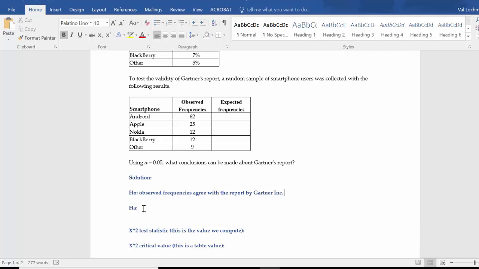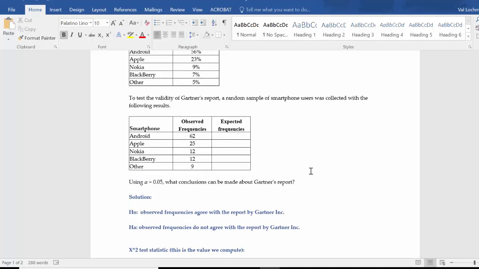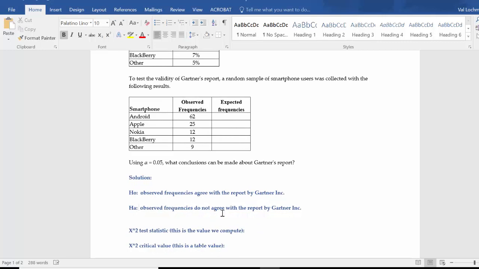This just says yes, our numbers in the sample do follow the distribution given by this company. And then the alternative hypothesis will always say no, some of these categories have different percentages, or in general, the observed frequencies do not agree with the report by Gartner Incorporated. That's always going to be the case. The null hypothesis will always say yes, our frequencies do follow some distribution, and the alternative will say no, some of the numbers are too different.